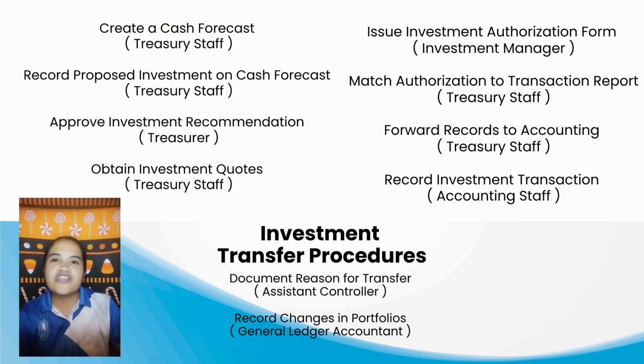The general ledger accountant updates the organization's portfolios of investment accounts, reflecting the changes resulting from the completed investment transaction. So this structured procedure ensures that the investment decisions are made diligently, in line with the organization's financial objectives, policies, and regulatory requirements, while maintaining accurate records and documentation throughout the process.